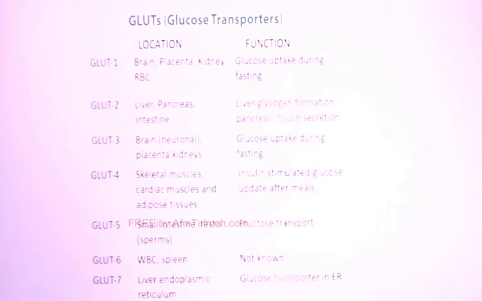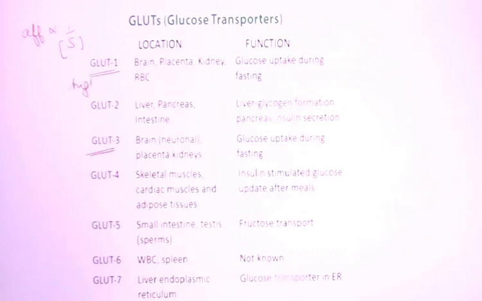We have to do this table of GLUTs, glucose transporters, that which GLUT is present in which location and what is its function. We will not cram this table. We will go with the concept, and I will go while I take a formula here. That is, the formula is affinity is inversely proportional to substrate concentration, and GLUT1 and 3. GLUT1 and 3 I'm going to take first.